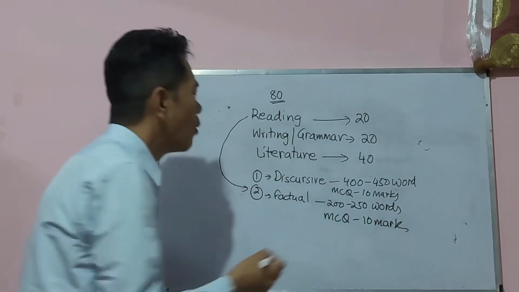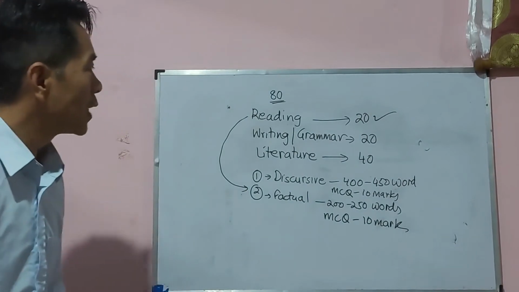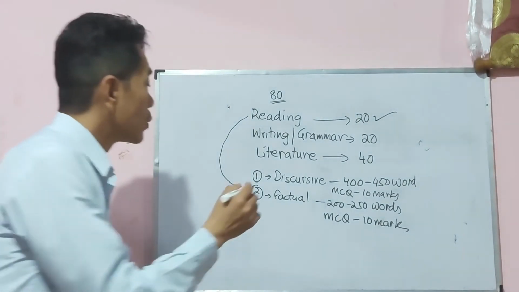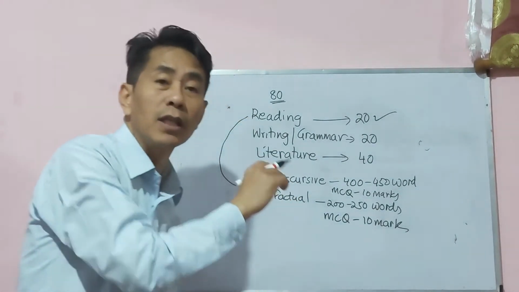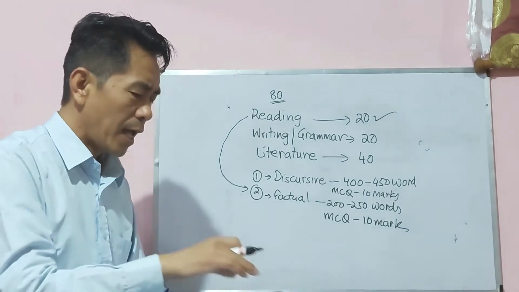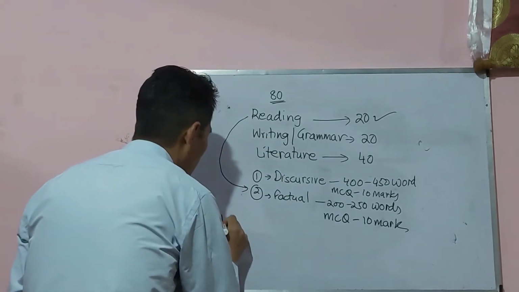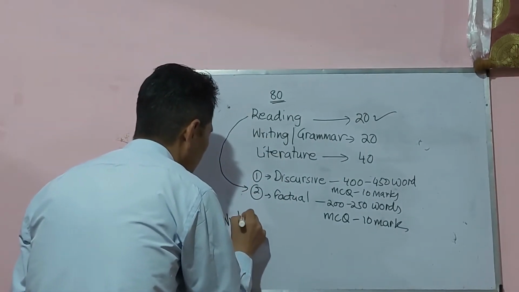So 10 plus 10, 20 marks. With this, we have come to the end of the reading section. It's important for you to know the different types of questions that come in the examination.